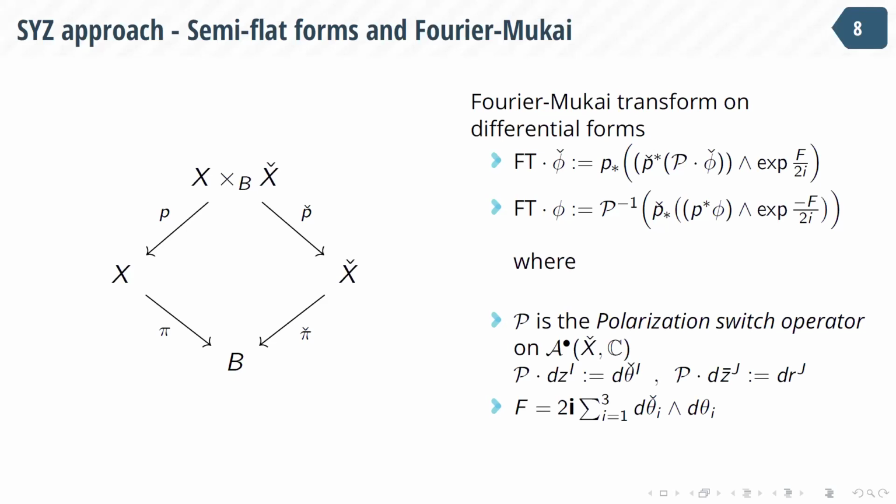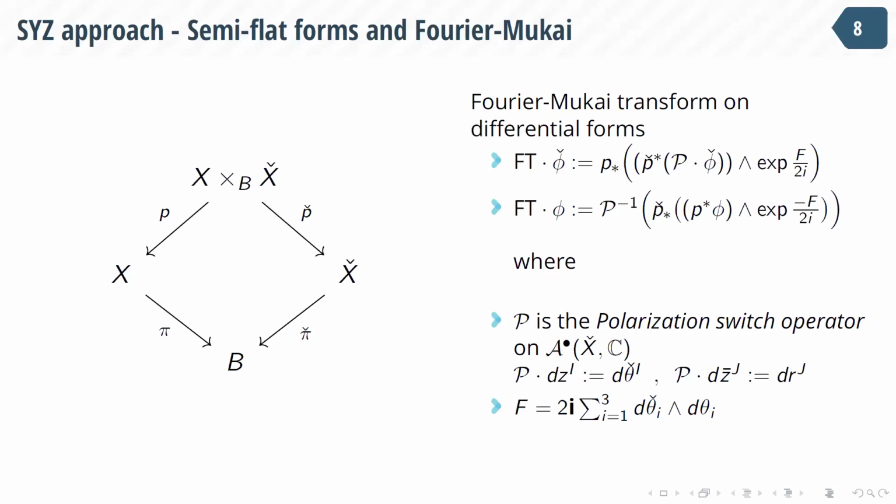The calligraphic P is the polarization switch operator, which simply sends the zeta differential to the check theta and the zeta bar to the R. And this happens only on the complex side where there are two different polarizations. We recall that a polarization is an integrable subbundle of the complexified tangent bundle of a manifold.